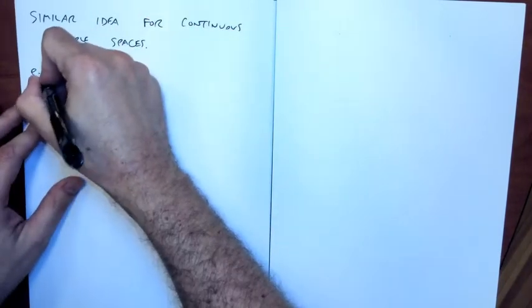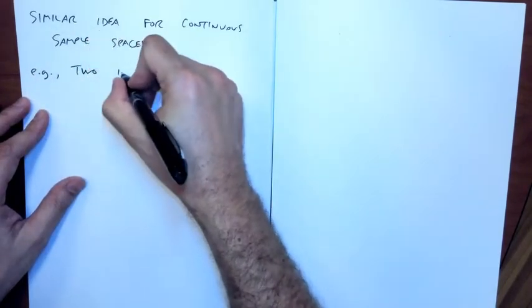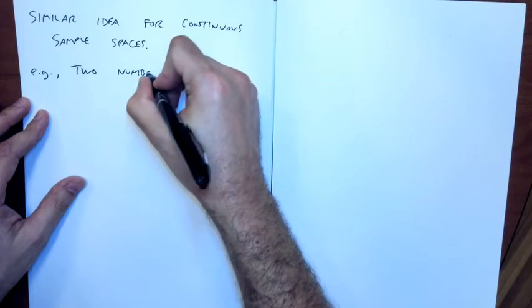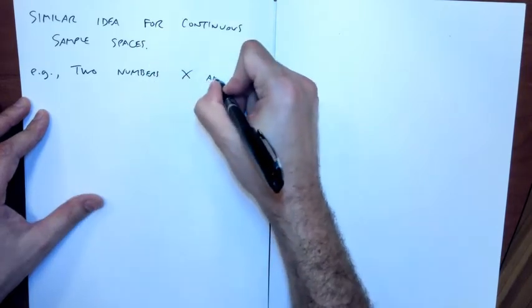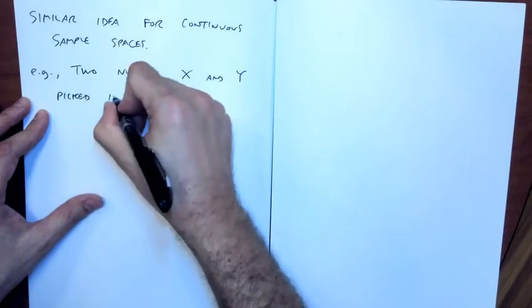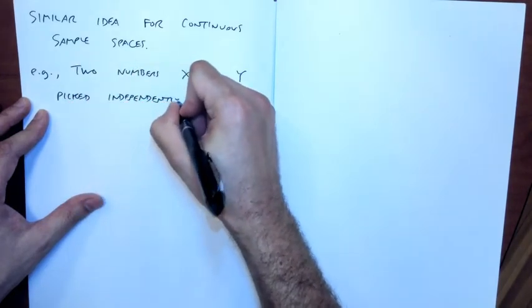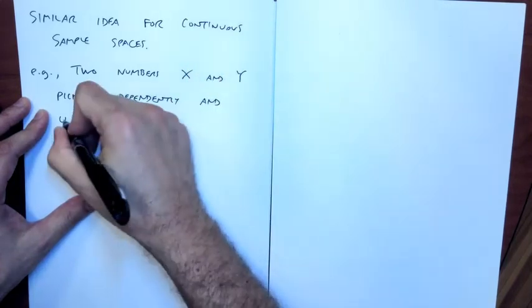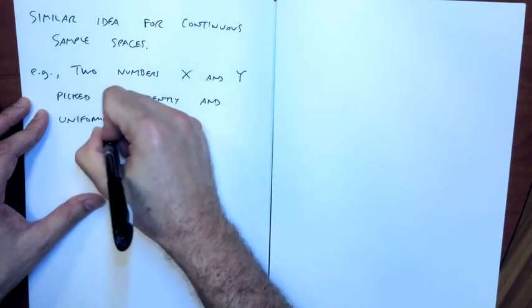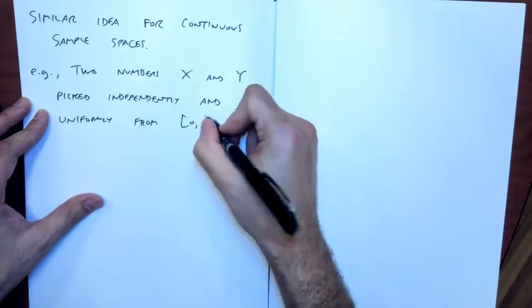For example, let's take two numbers, x and y, picked independently and uniformly from this 0 to 1 interval.